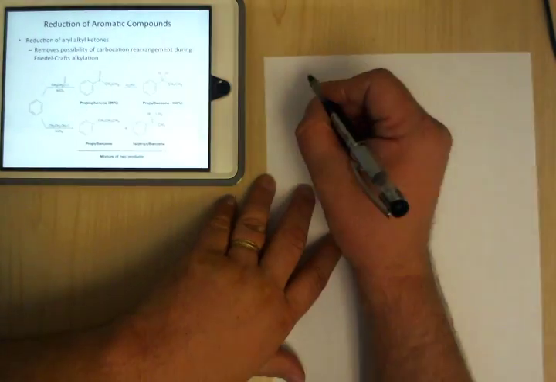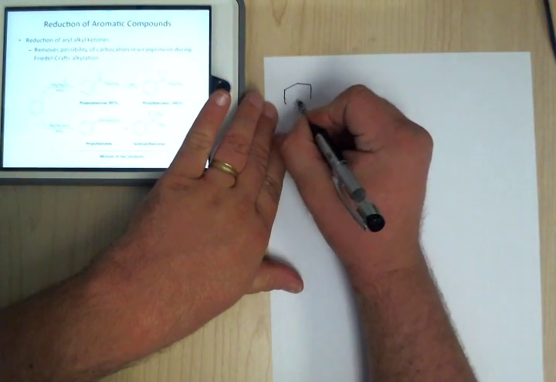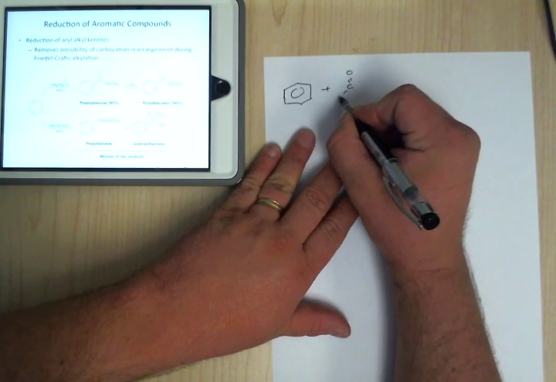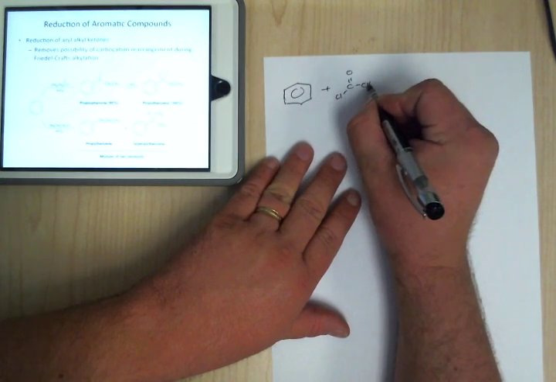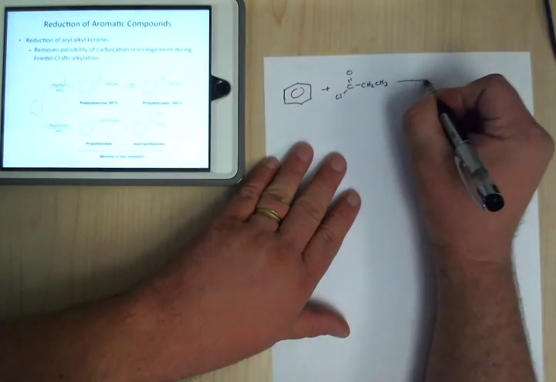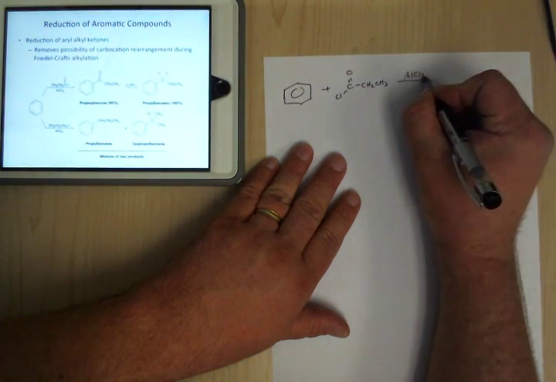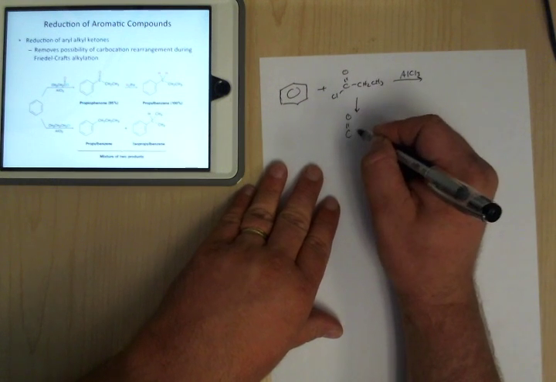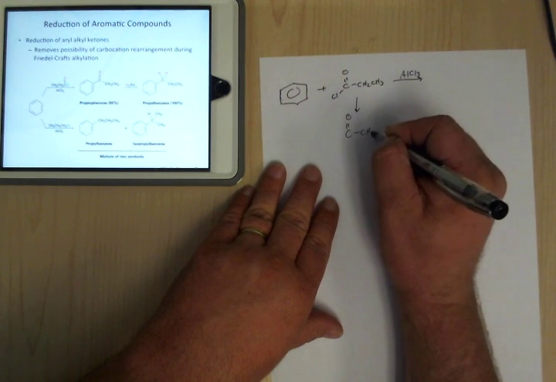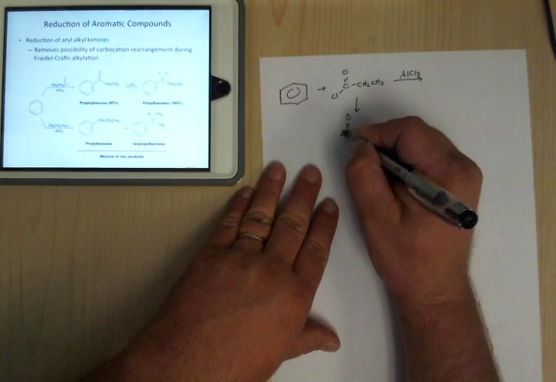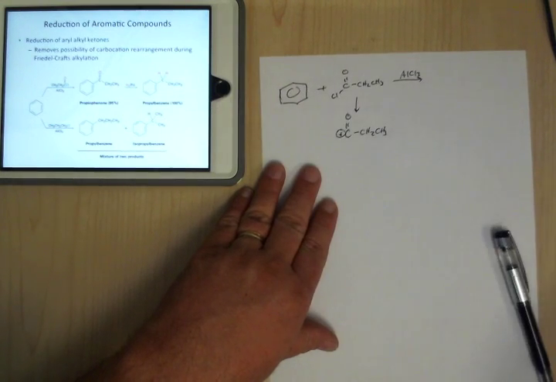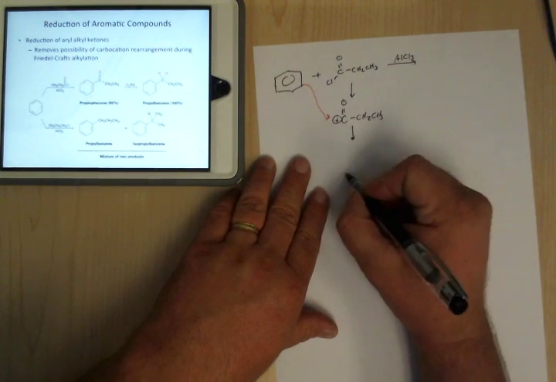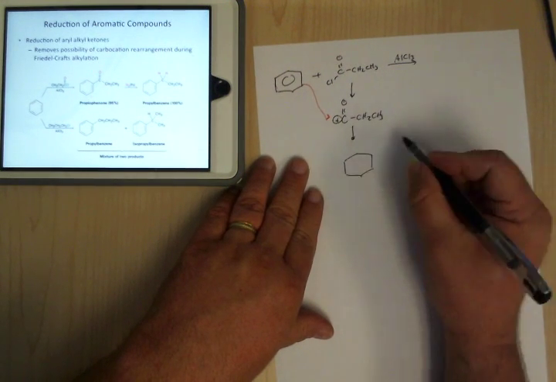What you have to do is come in and instead do the acylation reaction. This forms an acylium, and now this one doesn't move. That comes in and attacks there, and eventually you end up with this.